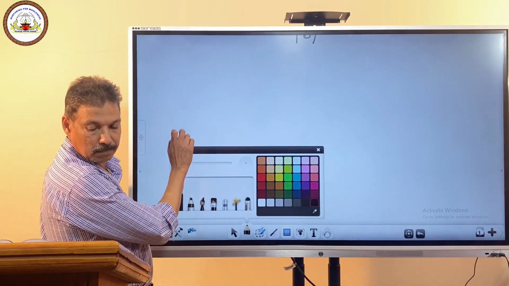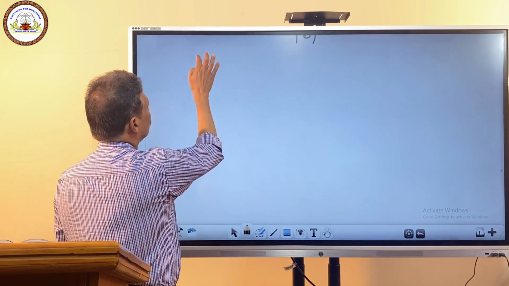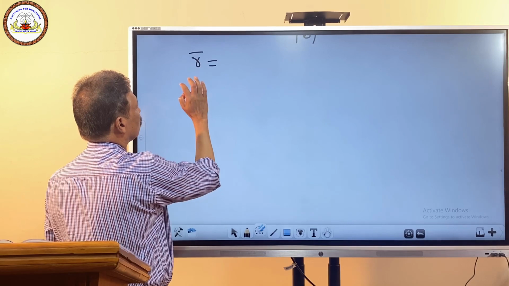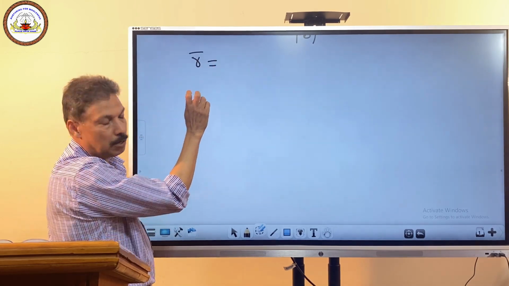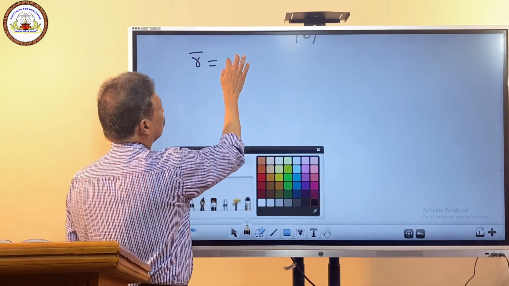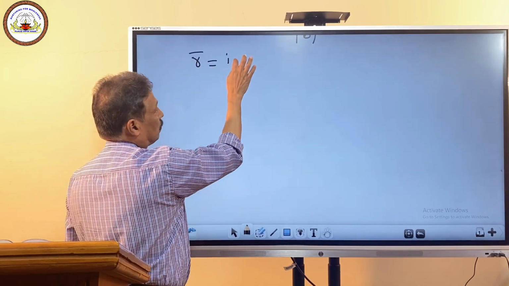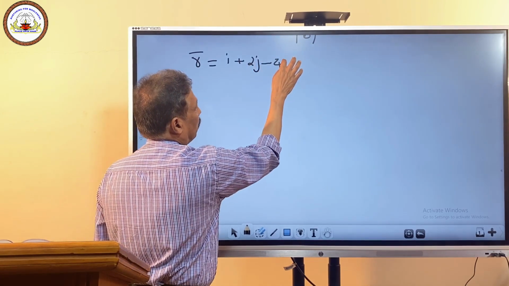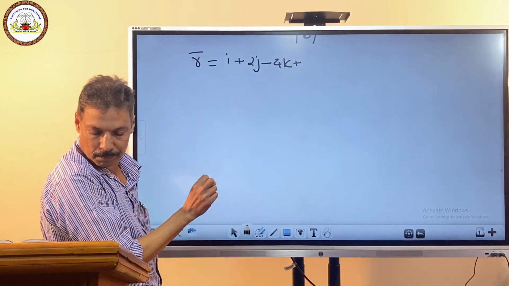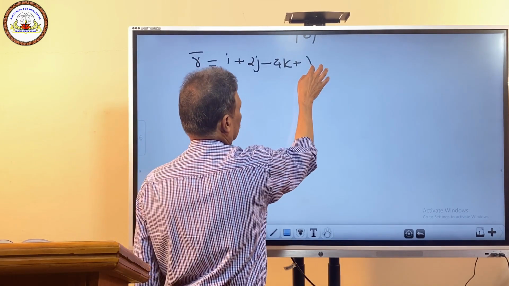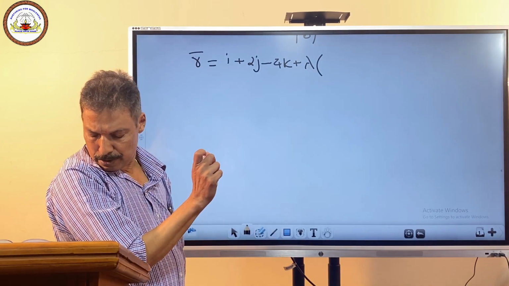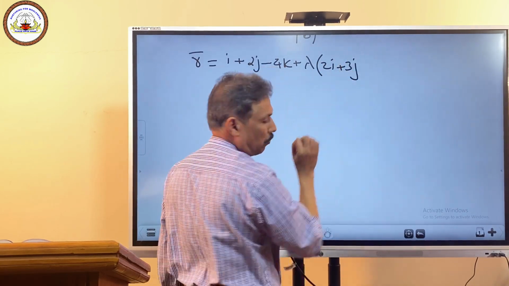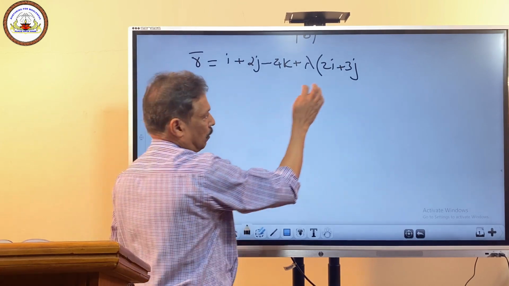The lines are r bar equal to i plus 2j minus 4k plus lambda into 2i plus 3j plus 6k.